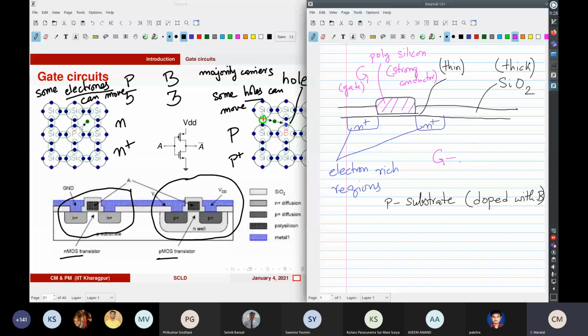G at low voltage means no current, or no conducting path from source to drain.